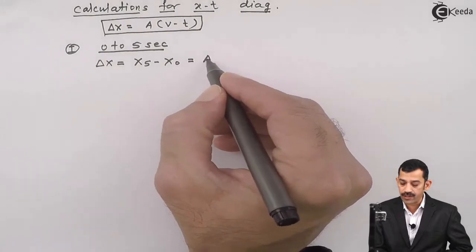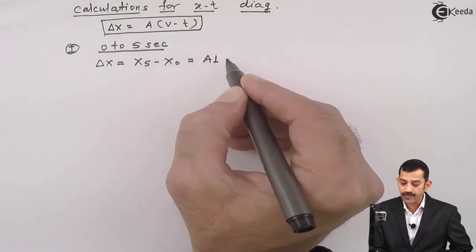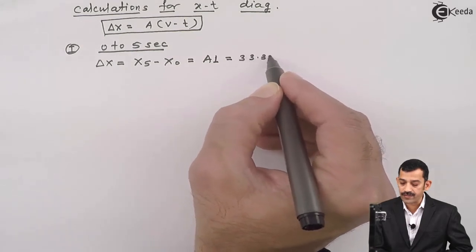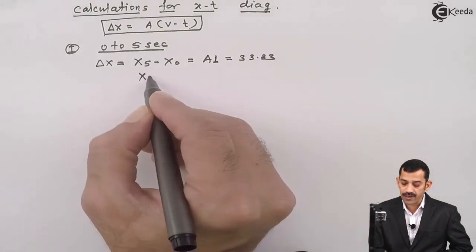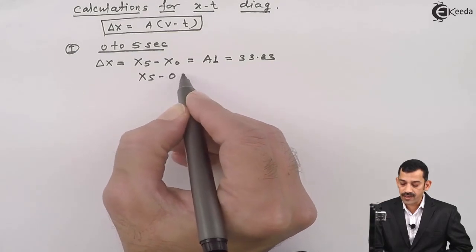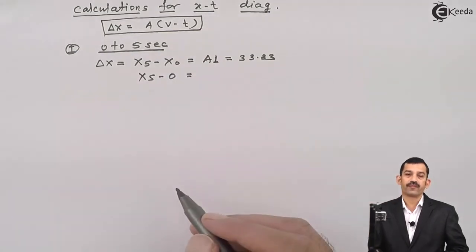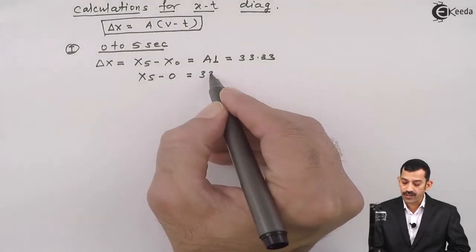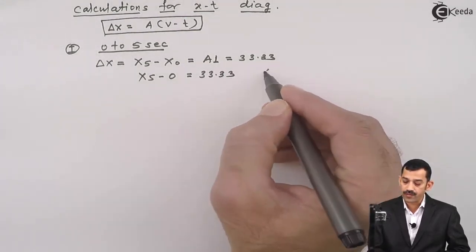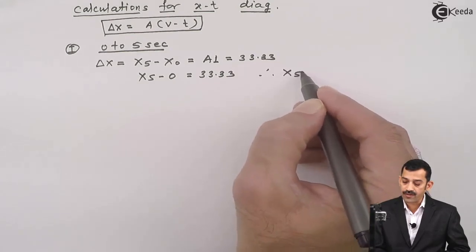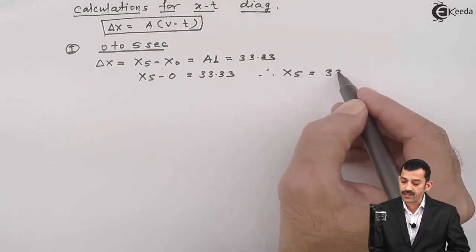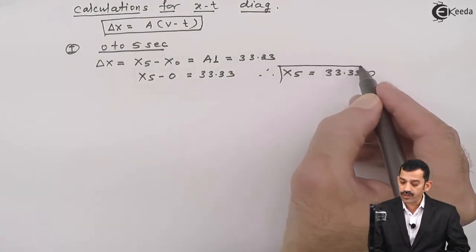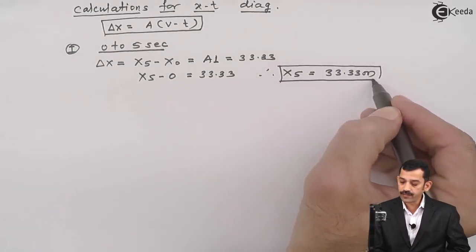Just now you calculated, the area is A1, and this A1 area is 33.33. So x5 minus x0, and the particle starts from origin, meaning x equals 0 at t equals 0, comes out to be 33.33. Therefore the position at 5 second is 33.33 meters.